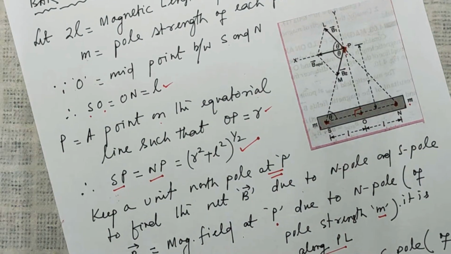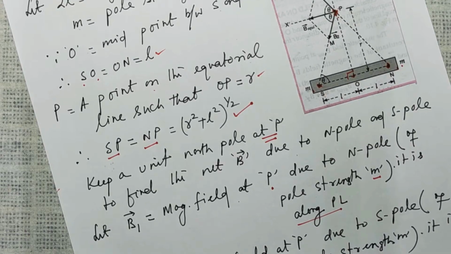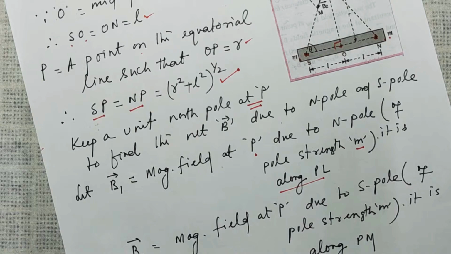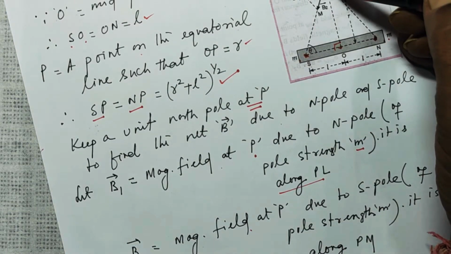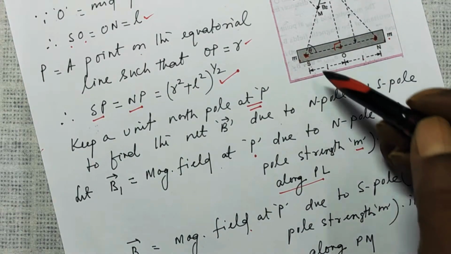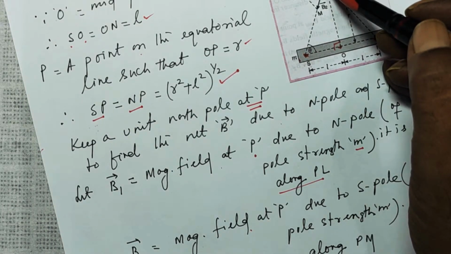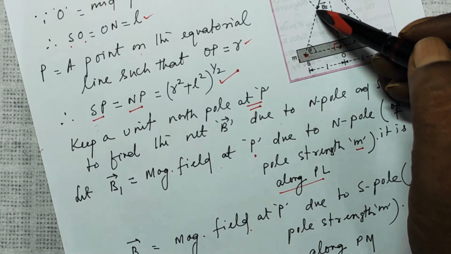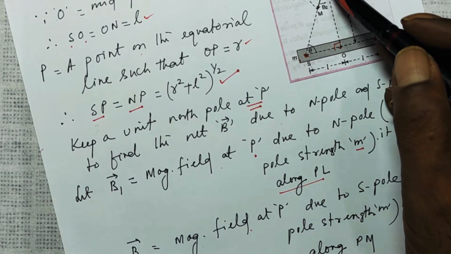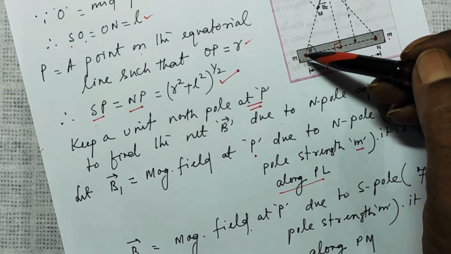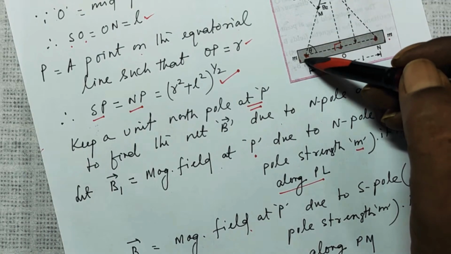Now, similarly, let B2 be the magnetic field at point P due to the south pole. This south pole, having a pole strength m, will attract this unit north pole to this side. And since it is a unit north pole, instead of saying the force, we have to say the magnetic field, and let it be B2.